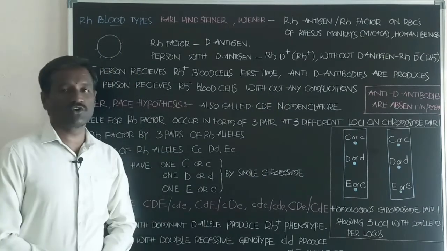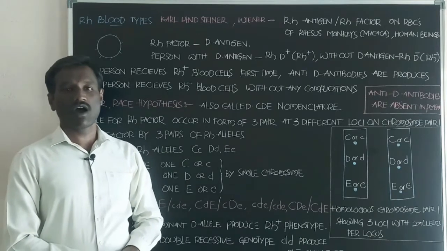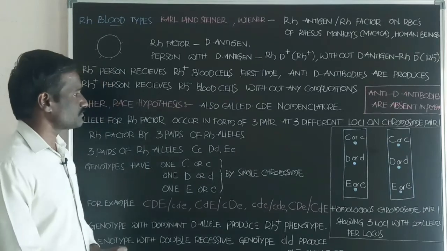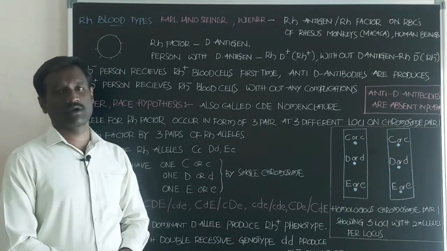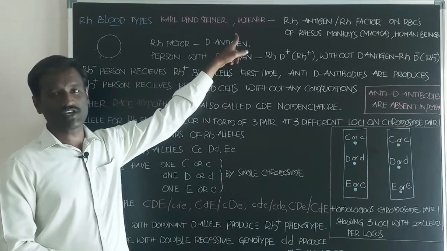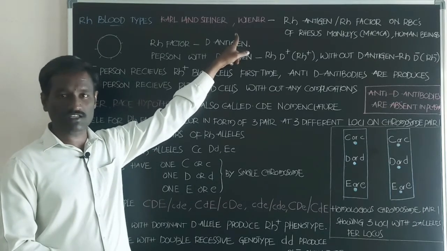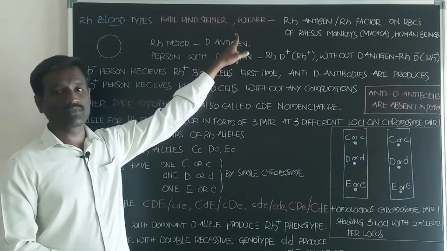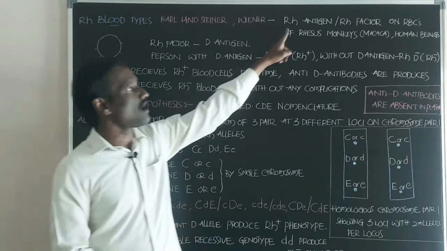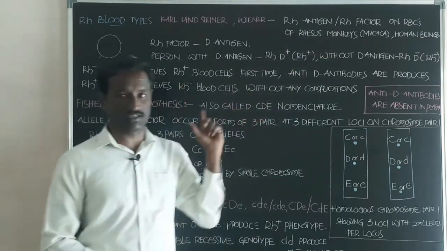Next, what about the genetic control of the Rh factor? Okay, students, what is the reason for the presence of this phenotype in individuals? Which genes, which alleles are responsible for showing the phenotypic character, that is the D antigen, Rh antigen, Rh factor?